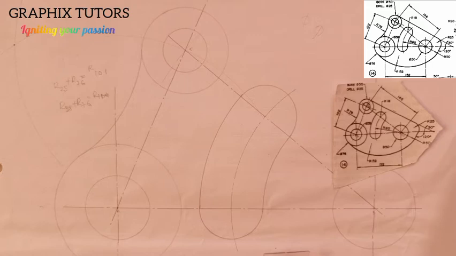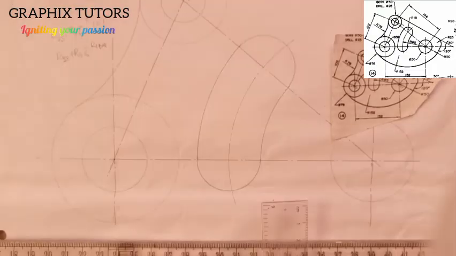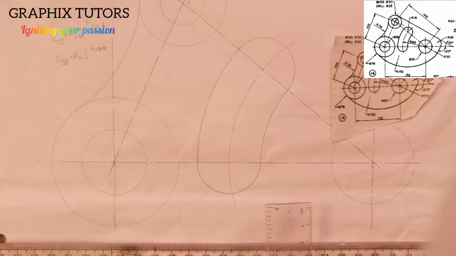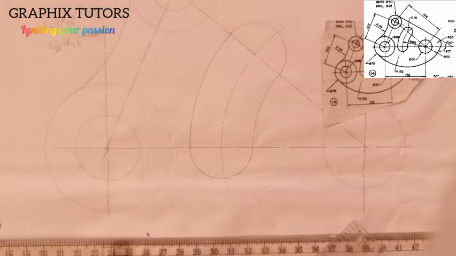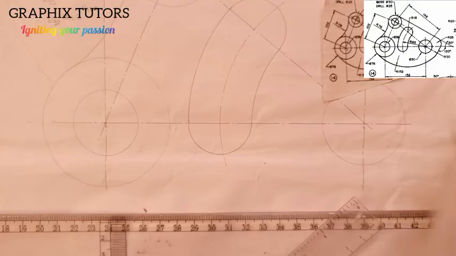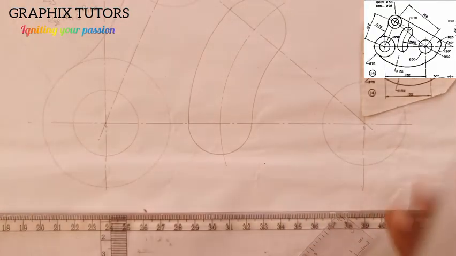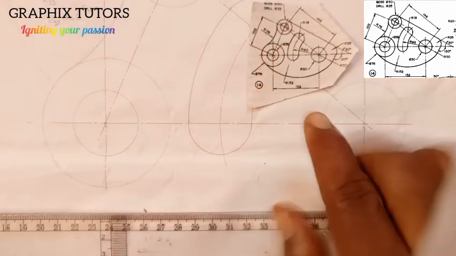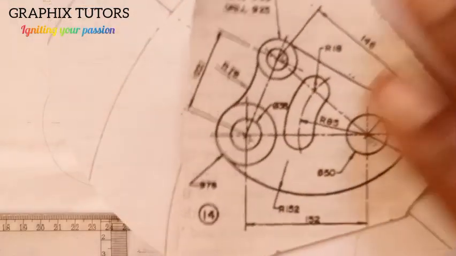Now this is where we actually are at this point. We are at this point here, and we want to draw the circle at that point. So let's see how that goes. So from here, since it is an internal circle, I'm going to subtract.